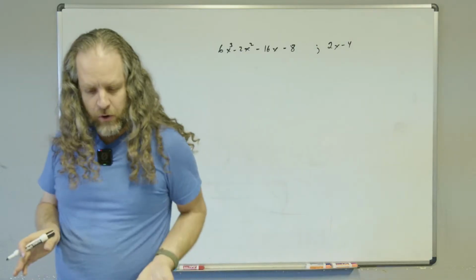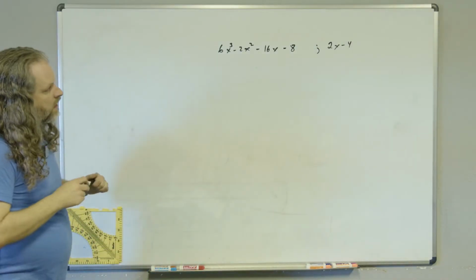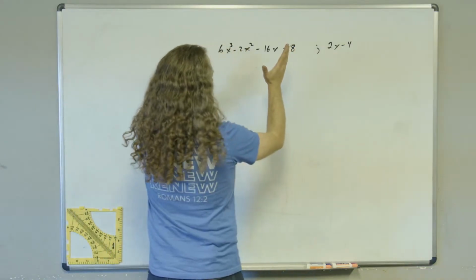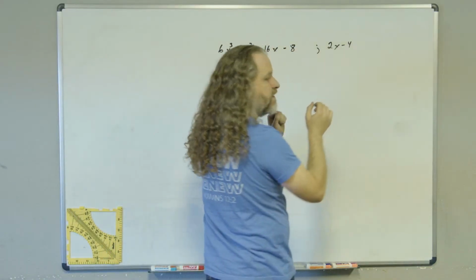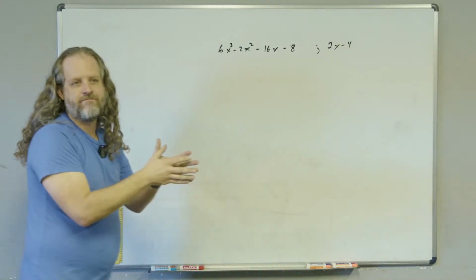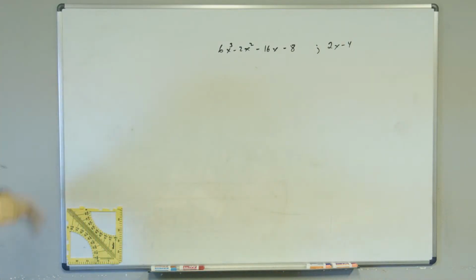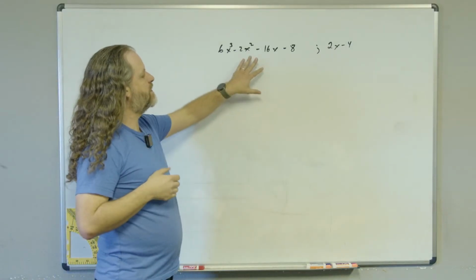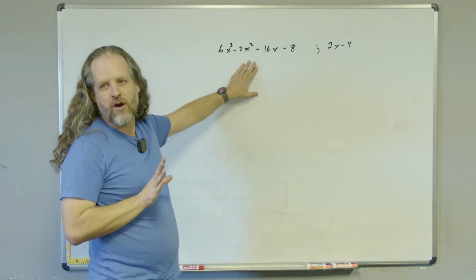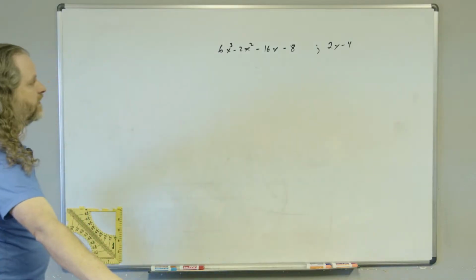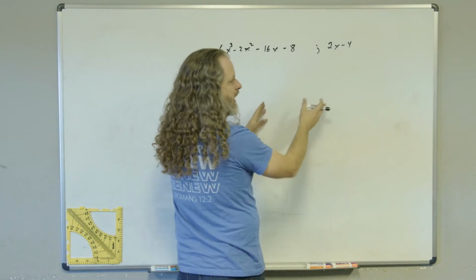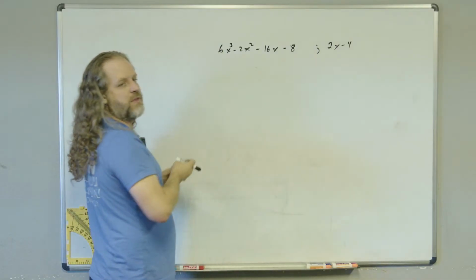If this is a factor of this, then when we divide this by this, we'll get a remainder of 0, right? This could actually be factored using grouping, but we're going to use this method. We're going to start by dividing this into this and seeing what's left after we factor that out, because we know that's one of the factors.